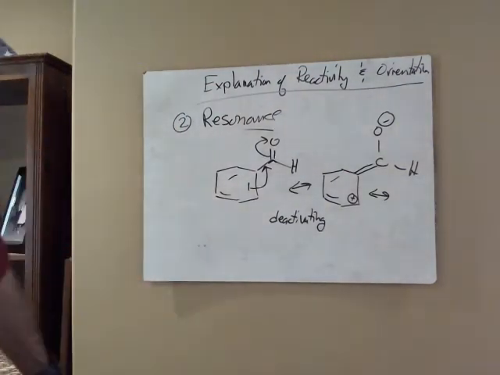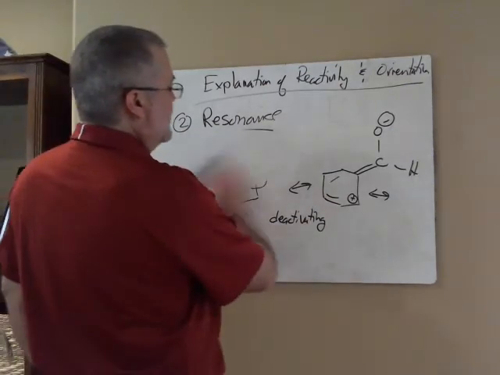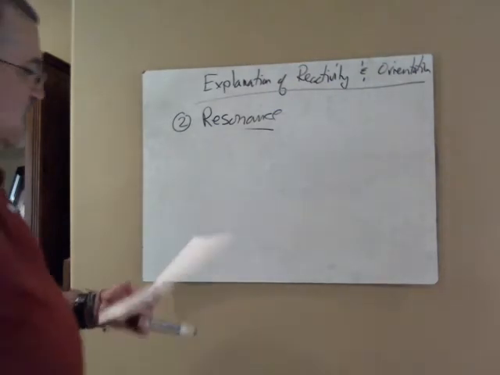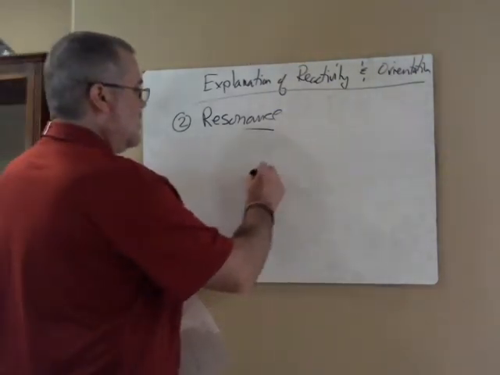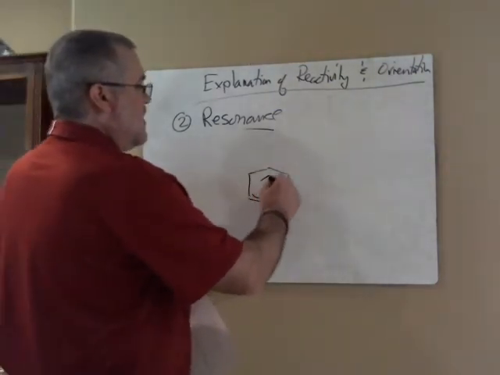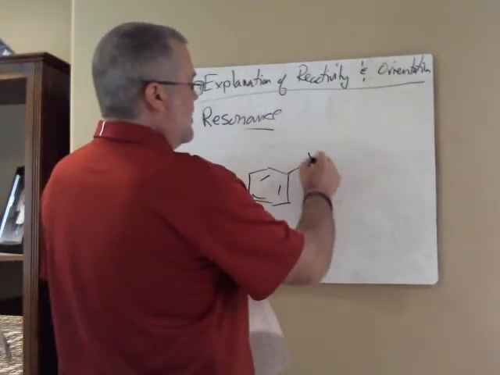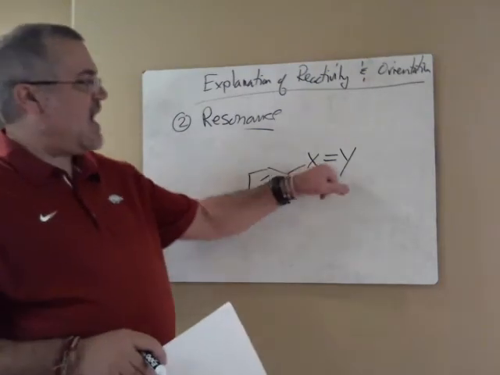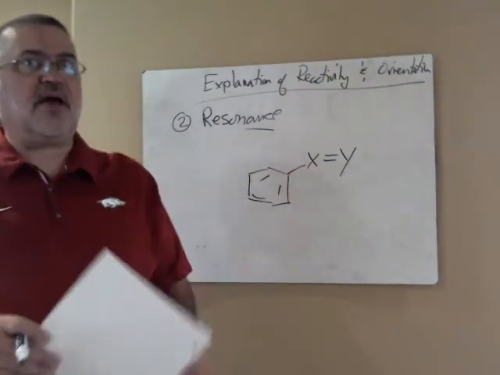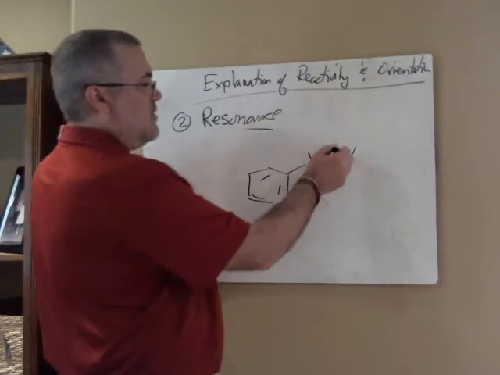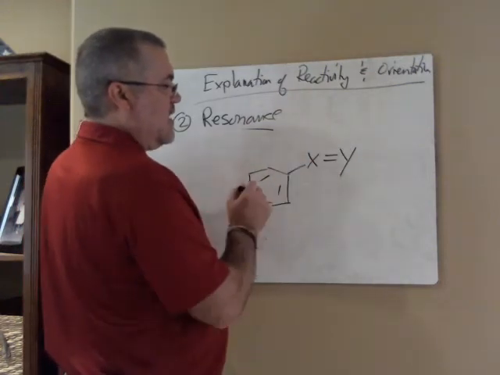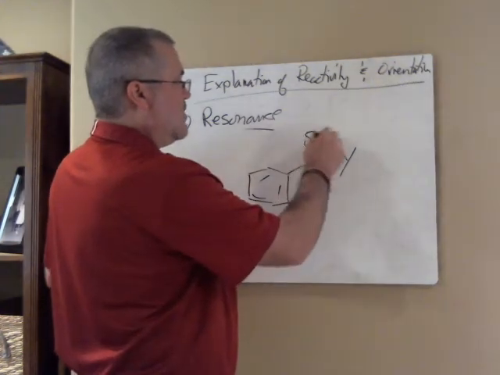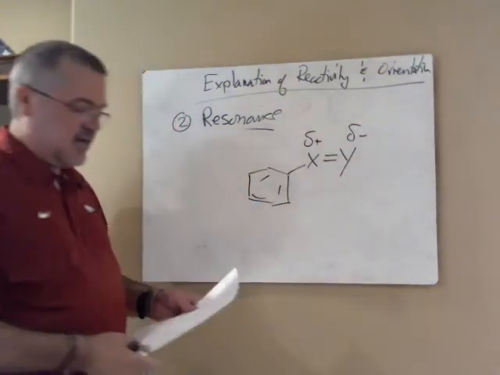A simple way of remembering substituents that are resonance deactivating is they have a kind of general formula. Anytime you have an aromatic ring that is attached to an X and a Y. Doesn't necessarily have to be a double bond, but some kind of multiple bond. If the Y is more electronegative than the X, okay, which would mean you'd have a situation where you have partial charges like this.